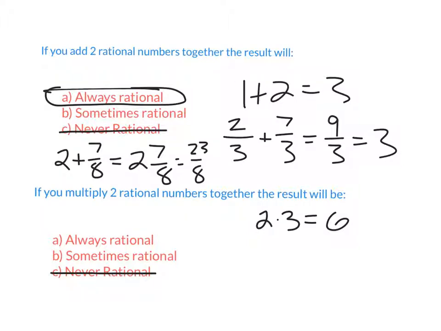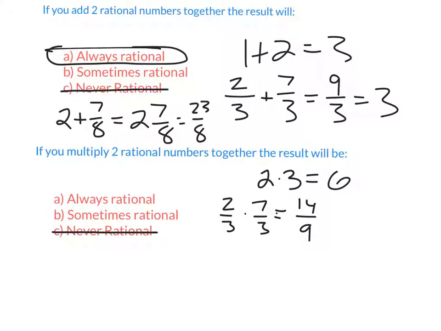So let's go through the same kind of process. What about if we multiply two fractions together? Well, that would be 14 over 9, and so that would still produce a fraction, and so that's still rational. And then the other option would be to do an integer times a fraction, and that is just 14 over 8, and of course that can reduce, but it doesn't really matter for this statement.